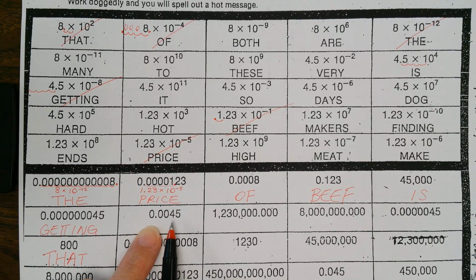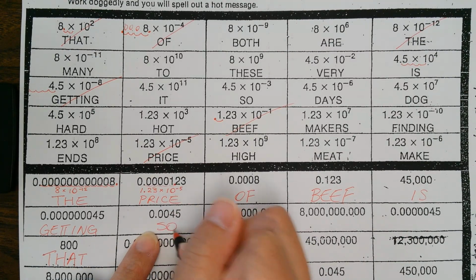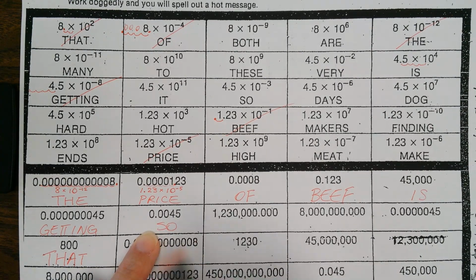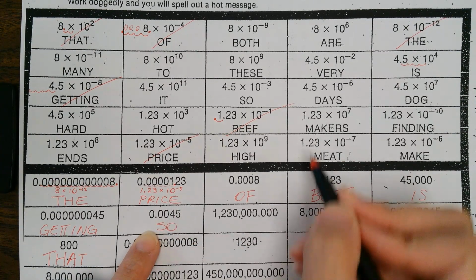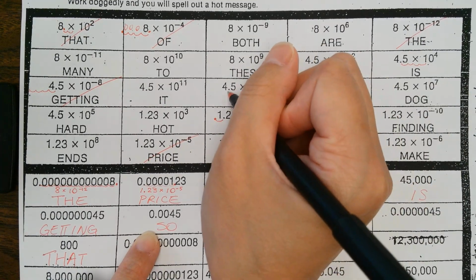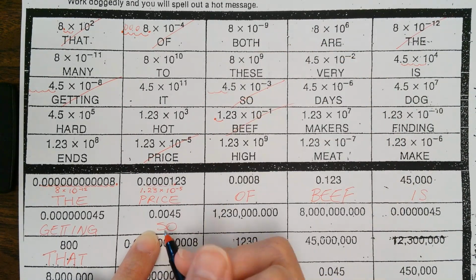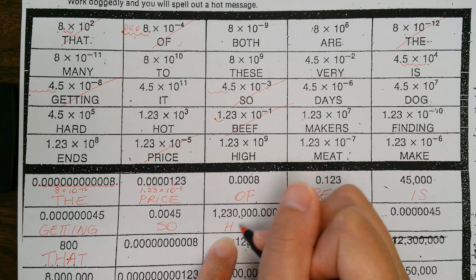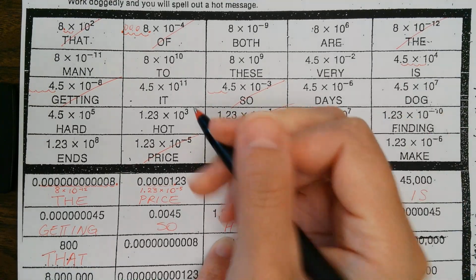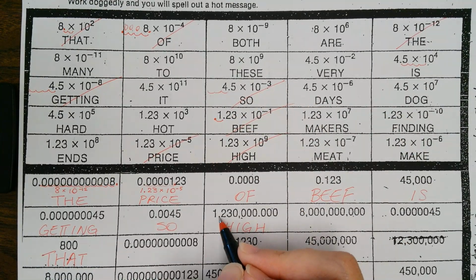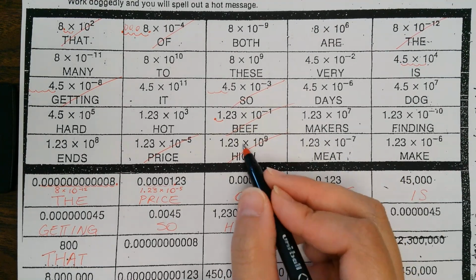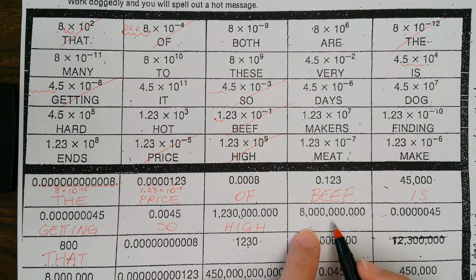Next, Antonia. When you move this over 3 times to the left, you'll get 0.045. Diction. Hi. So 1.23, if you move over the decimal place, it's 9 places, so you get the word hi.